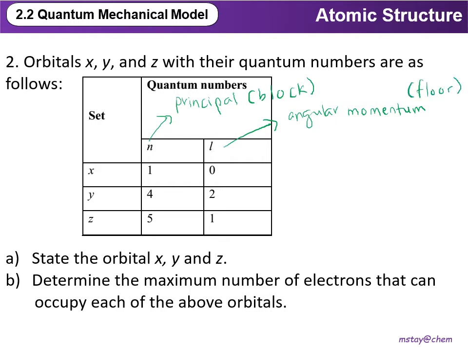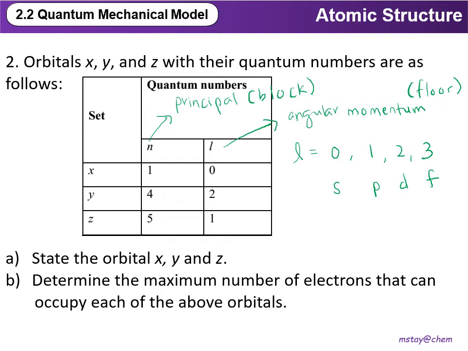For the angular momentum quantum number, I prefer students to remember l equal to 0, 1, 2, and 3 are s, p, d, and f.